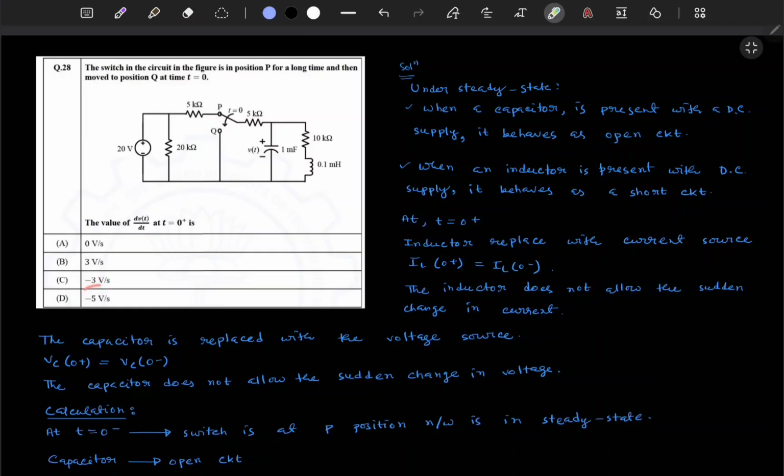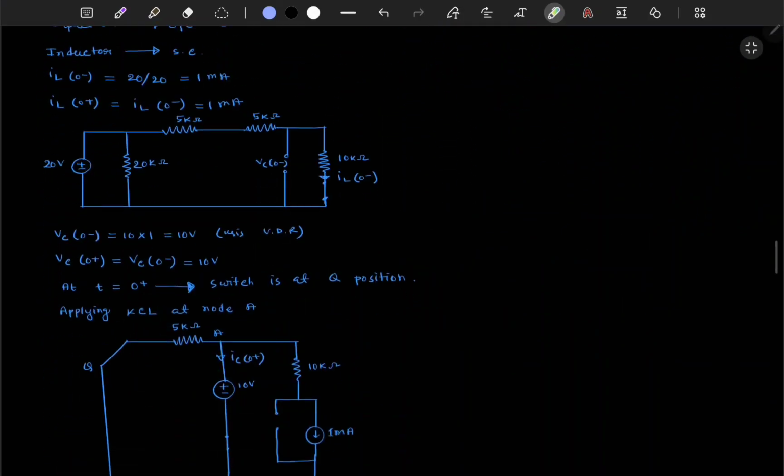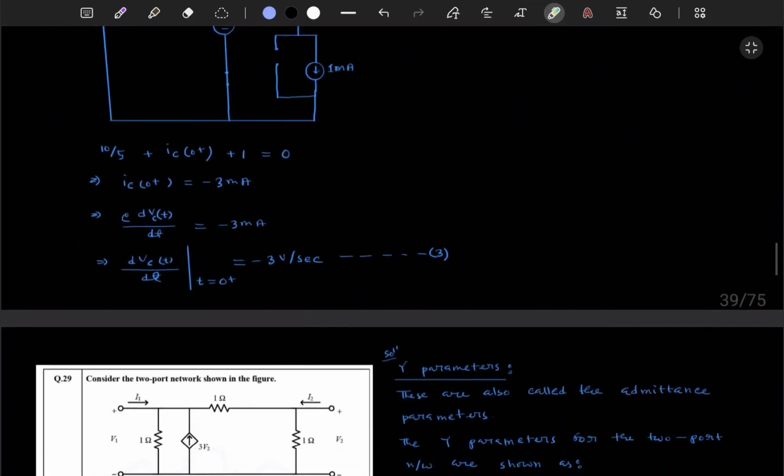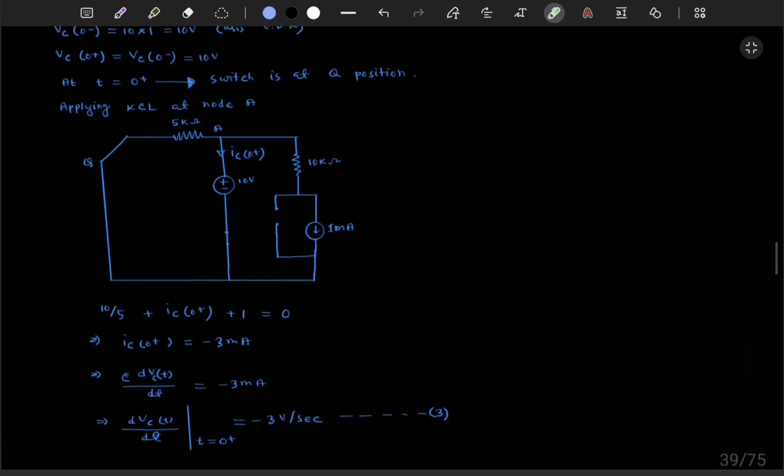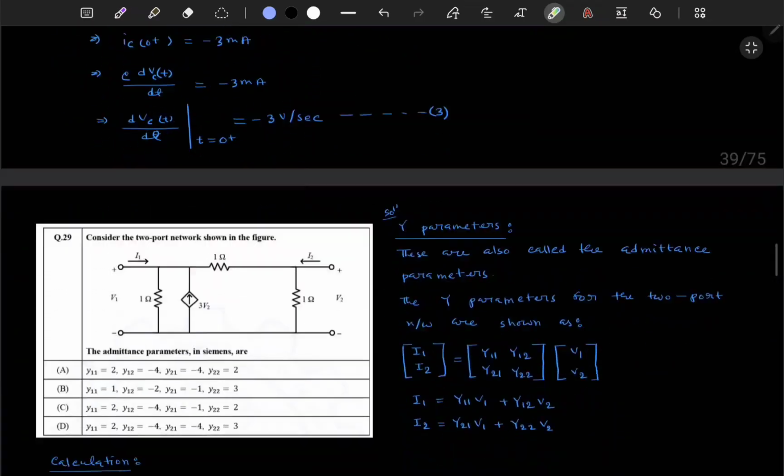So from an examiner's point of view, who is writing this question, he can think like this is the answer, so I can give another answer with a different sign. Sometimes a mindset like that works, so we can think that way about the options. So here -3 volt per second is the answer.